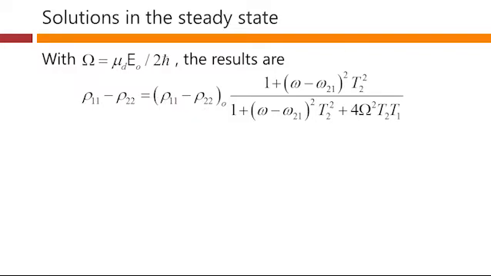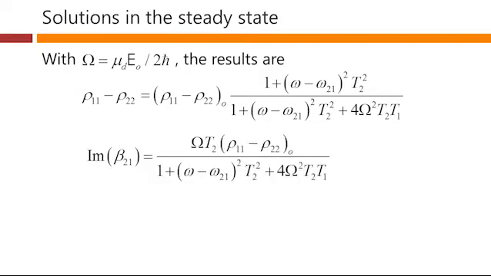This is our steady state solution, that rho 11 minus rho 22 is this equilibrium value of that same quantity times everything that we see here. That's the result of the solution of those two simultaneous linear equations with this minor change of notation.